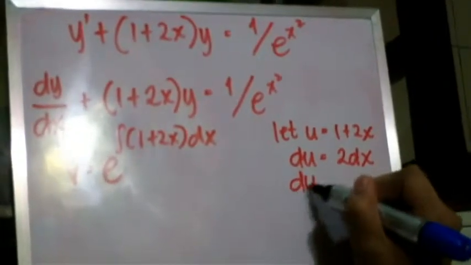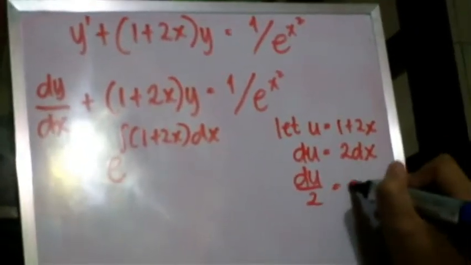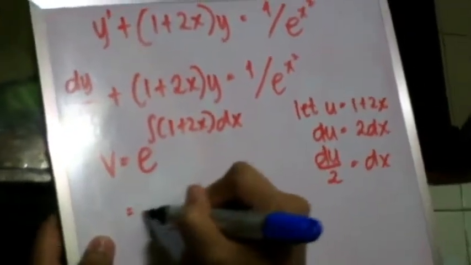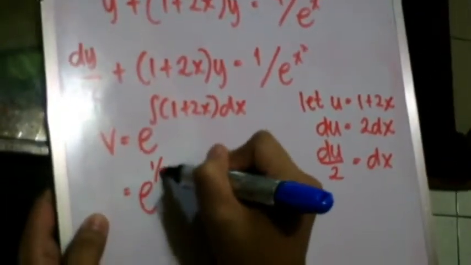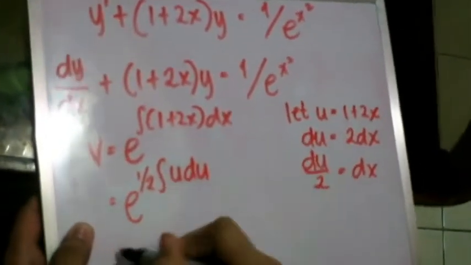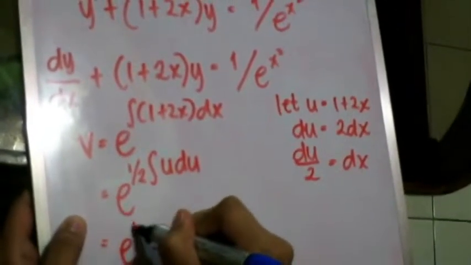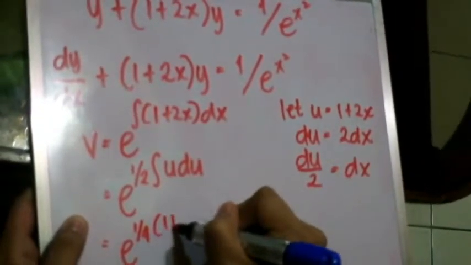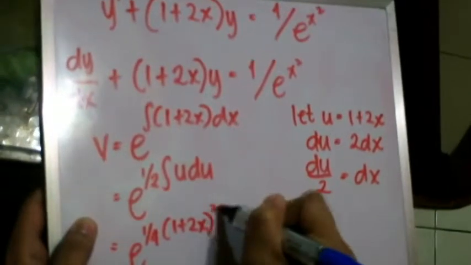Now du over 2 equals dx. Using this in the integrating factor, we have e to the 1/2 integral of u du. Now we have e to the 1/4 times 1 plus 2x squared.